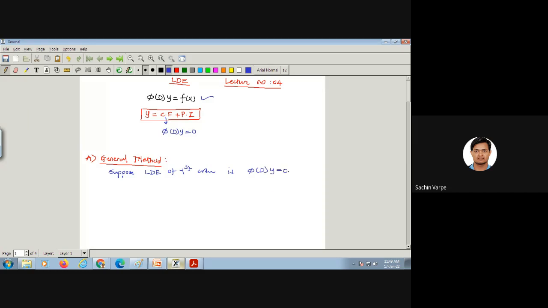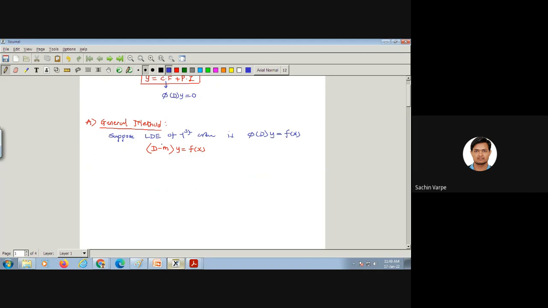So for the first order linear differential equation, how many roots it will have? Its auxiliary equation will have only one root, right? And it will have only one factor. So the factored form of this phi of D into y is equal to f of x will be, suppose D minus m is root, then suppose m is root, then D minus m is a factor, right? So phi of D into y is equal to f of x will be the factored form of linear differential equation.